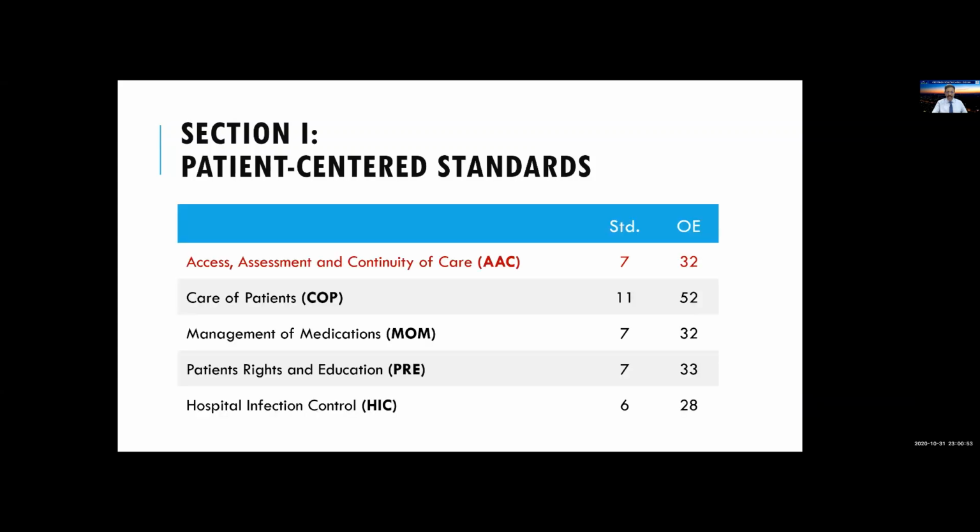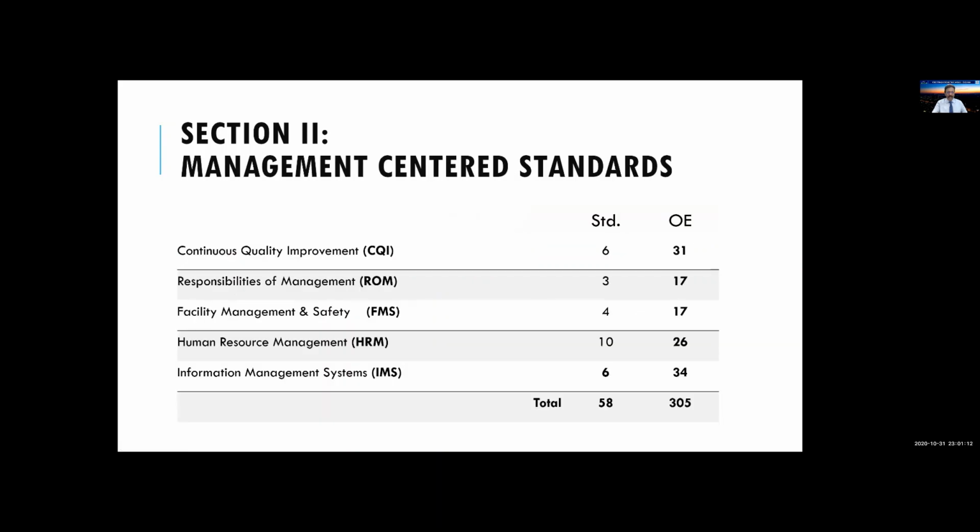As you all know, NABH standards have 10 chapters. Of that, the first 5 chapters are patient-centered standards, and the first chapter is access, assessment, and continuity of care, represented by the acronym AAC. It has 7 standards and 32 objective elements in eye care standards.